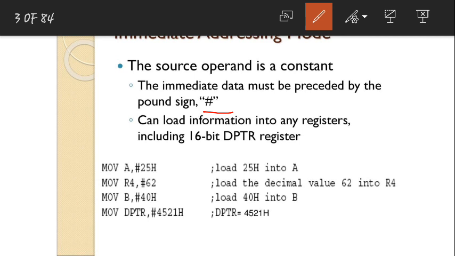The point I need to remember is that the constant value will always be on the source side, because you can't make a constant value your destination. You can't write 25H comma A. If you write this instruction, then it is completely wrong, because you can't move the content of A into a value. You can always move some content or data into some address or location.